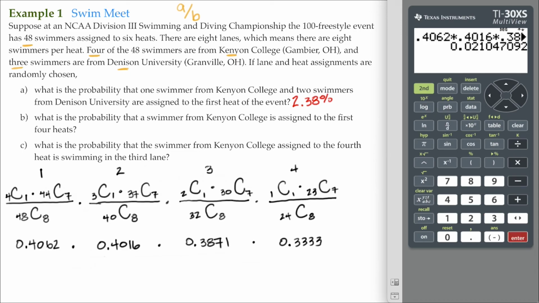Hit enter, and that's approximately 2.1%. So much more convenient using our calculator than having to do this by hand. However, the key is to be able to build each one of these ratios properly. So you really have to read these problems to make sure you understand what is occurring before we can go ahead and apply the mathematics.